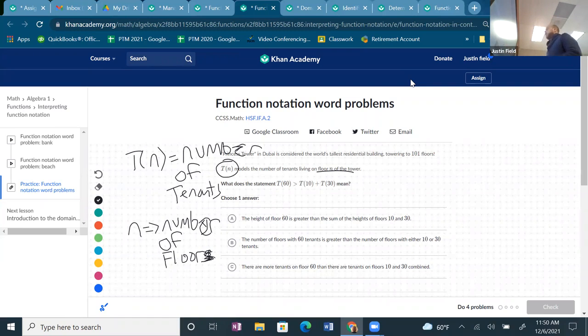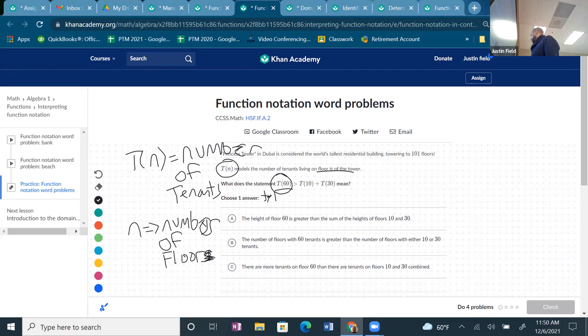So what does the statement T of 60 mean? What is T of 60? That is the number of tenants on floor 60. So that's the total tenants on floor 60.